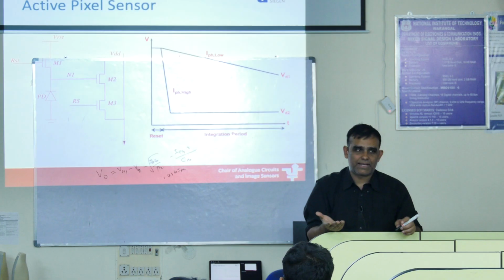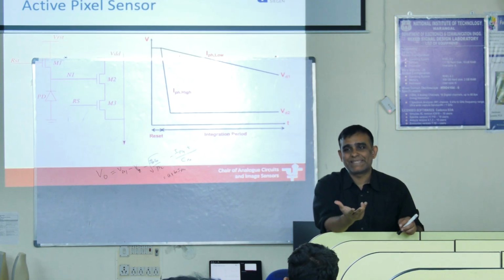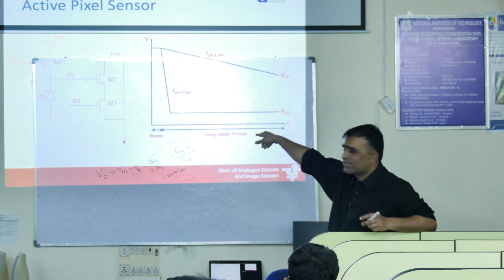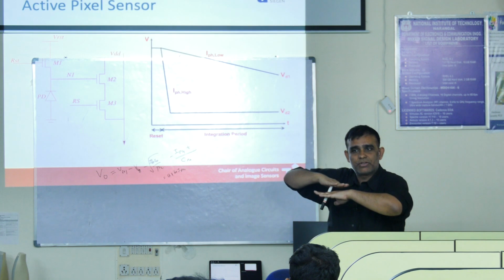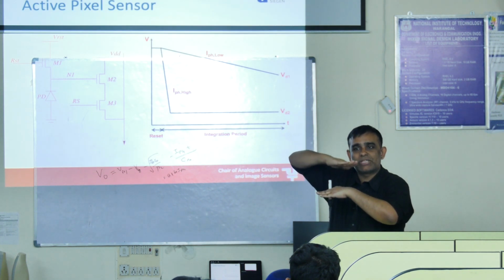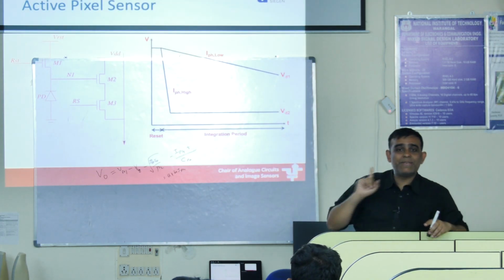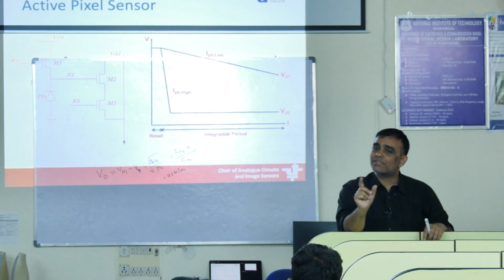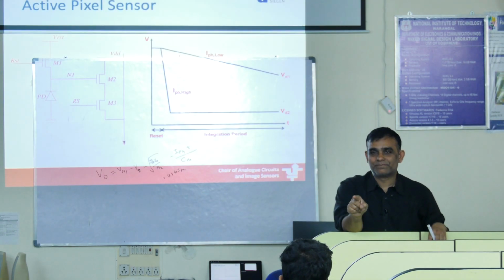This is called fill factor. What percentage of your pixel is actually optically sensitive? Because those transistors, the source follower and switch, are not capturing light. We have to shield them because each transistor is a phototransistor, so basically provide a metal shield to stop them from capturing light. So I want my diode to be as big as possible and my pixels to be as small as possible. The only way to do that is to make my transistors as small as possible.